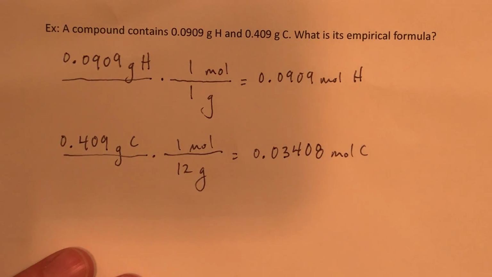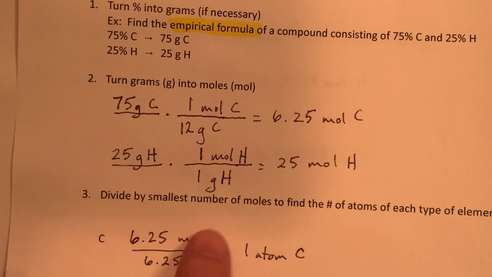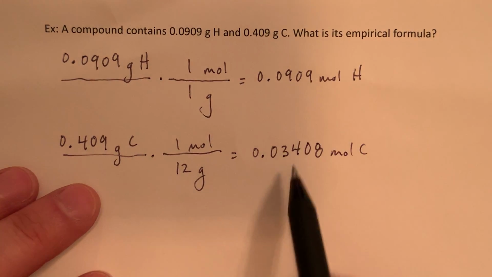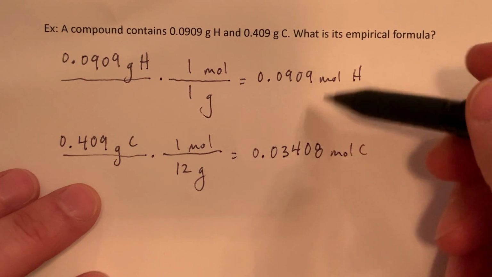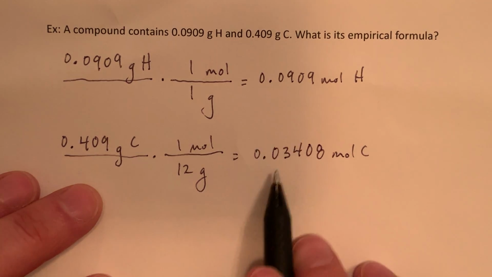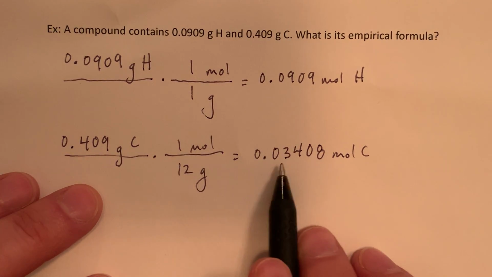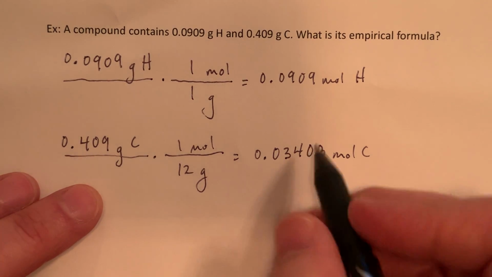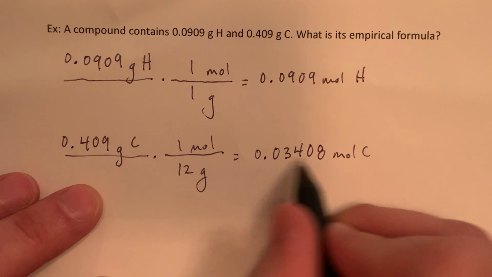All right, next step. Divide by the smallest number of moles to find the number of atoms. So here, I'm just gonna look at these, I'm gonna divide by the smallest. So my smallest one, now be careful when you're dealing with decimals, make sure you're looking in the right spot. Okay, and make sure you're comparing, finding really the smallest number. So our smallest number here is moles of carbon.